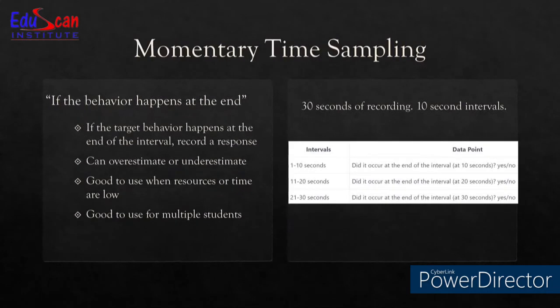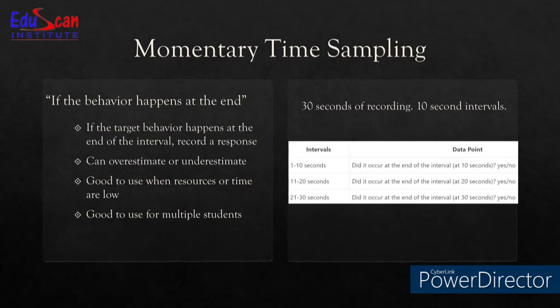Moving forward, we're talking about time sampling. Momentary time sampling. We divide the session into intervals and then we check. If the target behavior happens at the end of the interval, record a response. If not, it is not recorded.